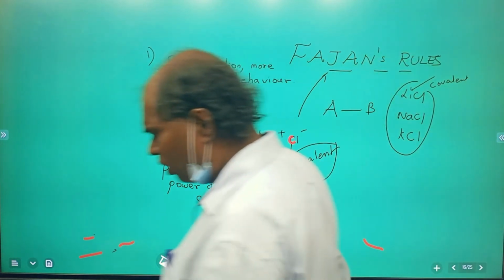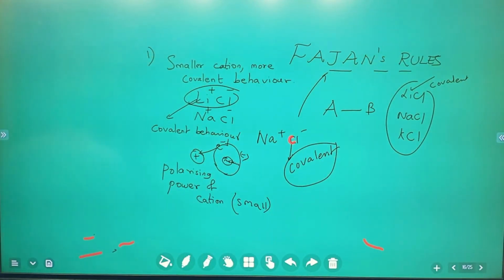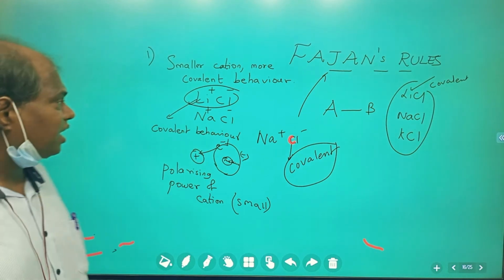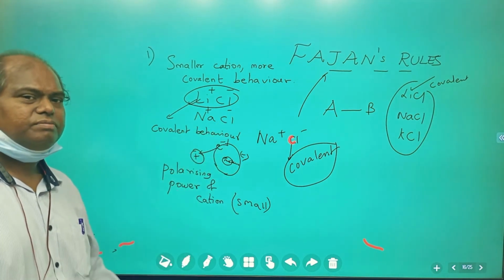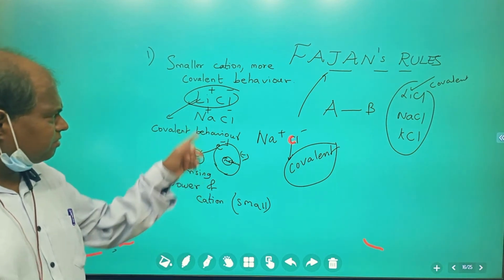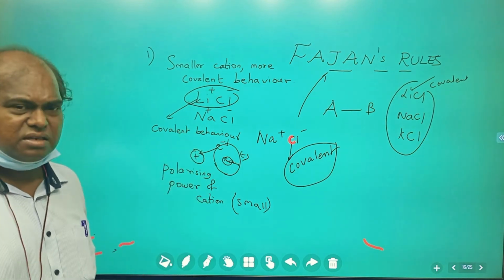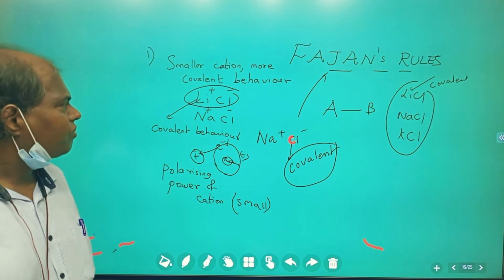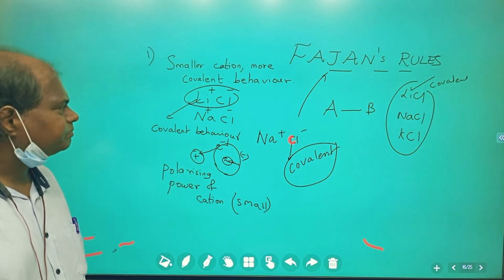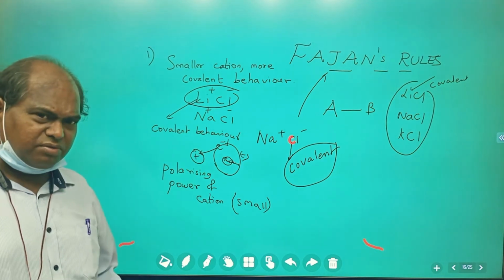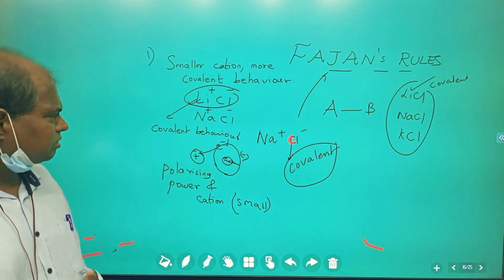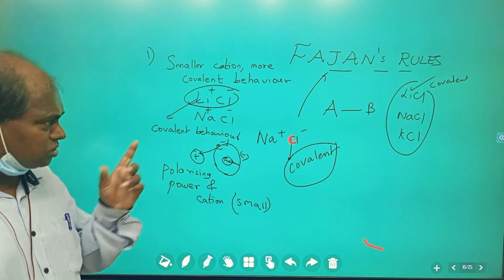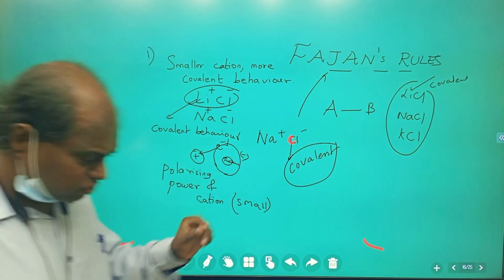Covalent means LiCl will dissolve in organic solvents, while NaCl and KCl will not. So more covalent behavior, more solubility in organic solvents. This is very important, so note down this point: smaller the cation, more covalent.